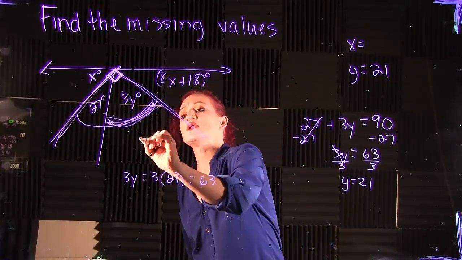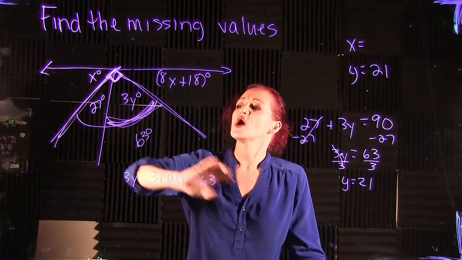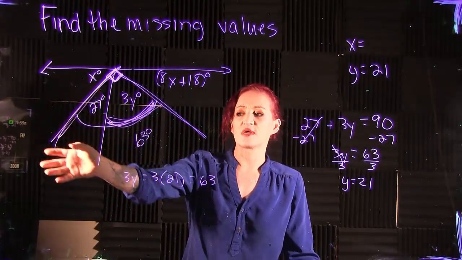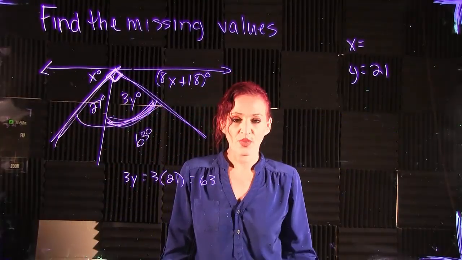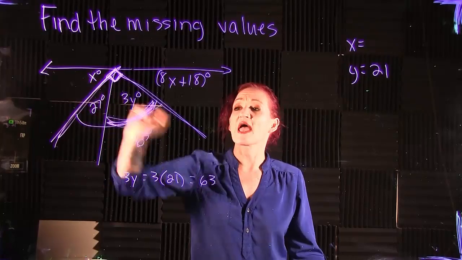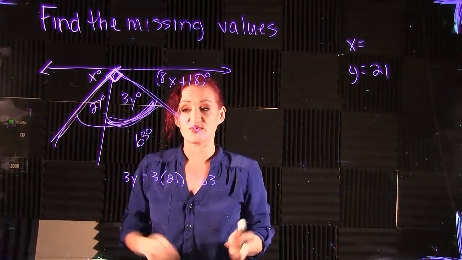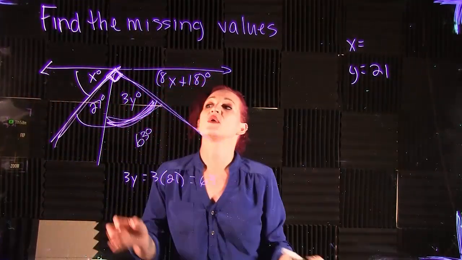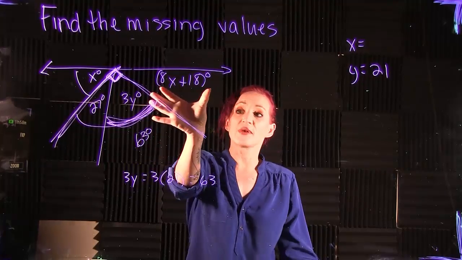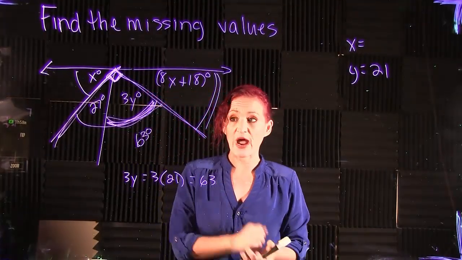So we know that this angle right over here is 63 degrees, and along with the 27 of this one, it makes up the 90 degrees for these two angles. Now, in order to find what x is equal to, and in turn the measure of these two here, whatever x is equal to will be this angle here. And once we know what x is, we can plug it into this little expression here to find this angle and wrap up the problem.